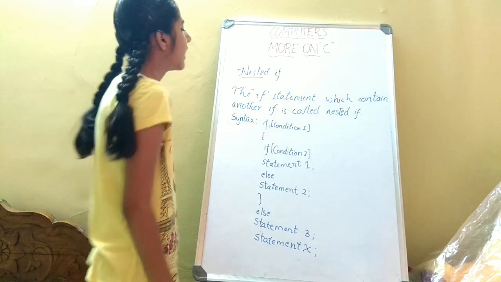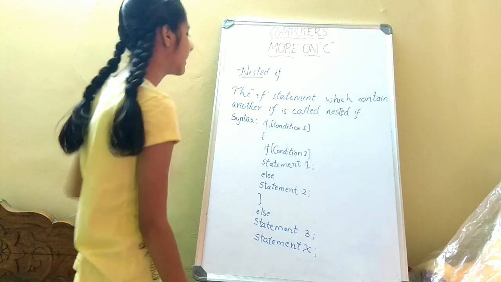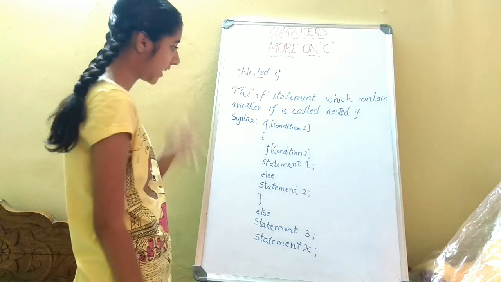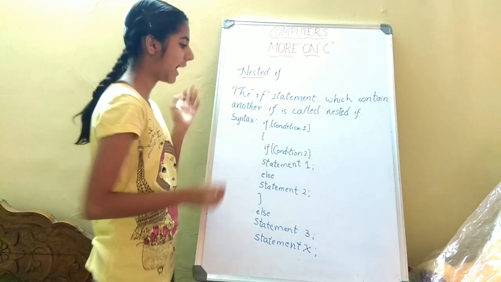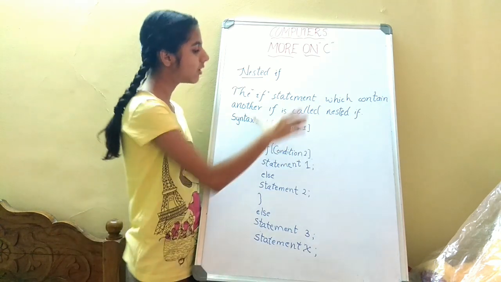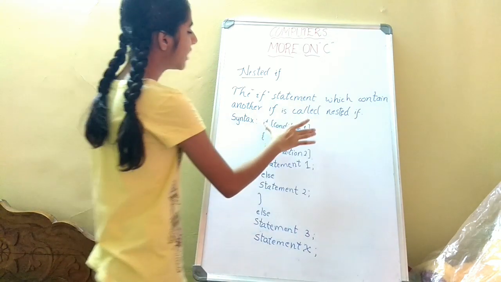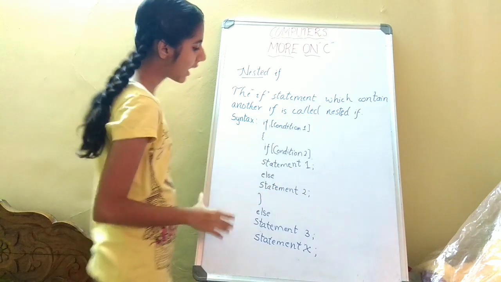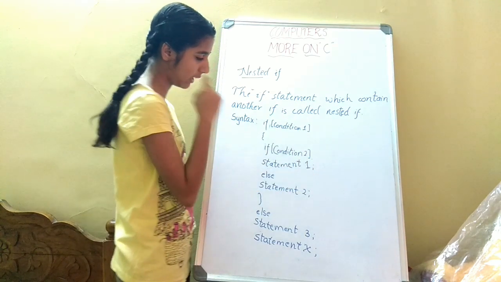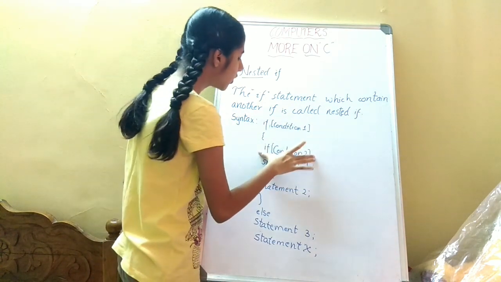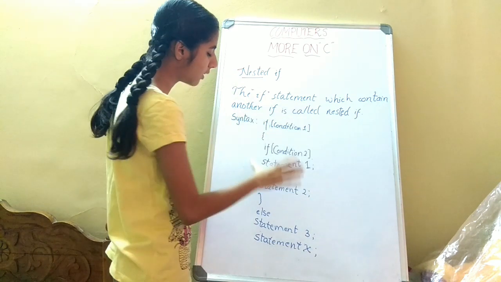Nested if. The if statement which contains another if is called a nested if statement. Now we will learn the syntax. The whole process is evaluated. If condition 1 is true, then statement 1 will execute, and if condition 2 is also true, both are true.